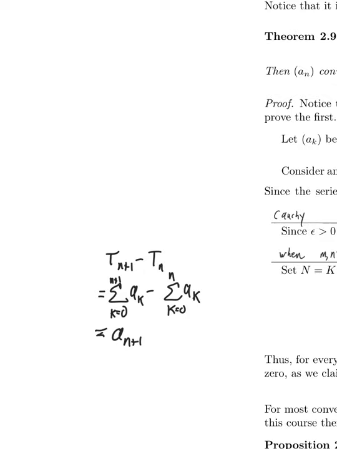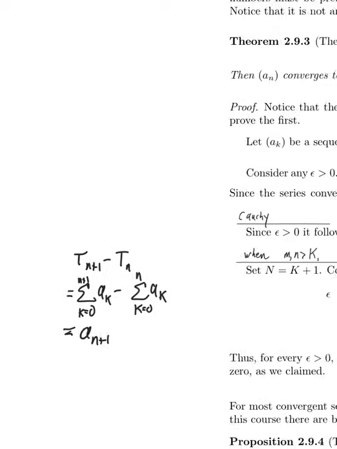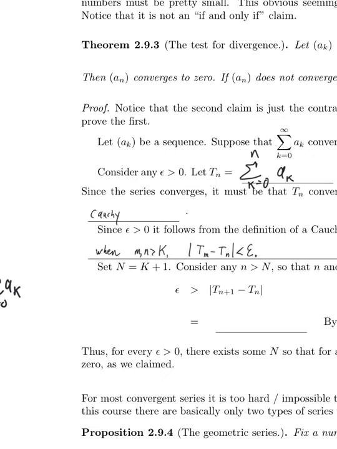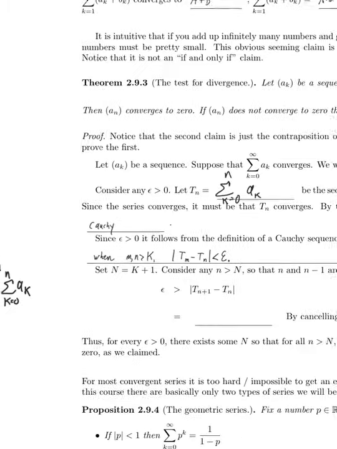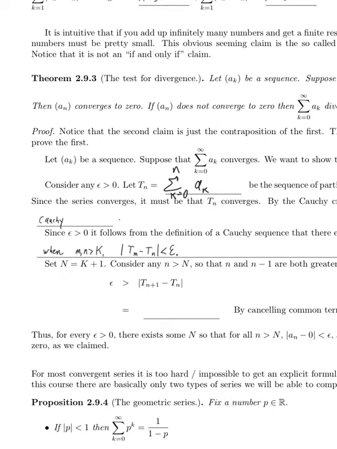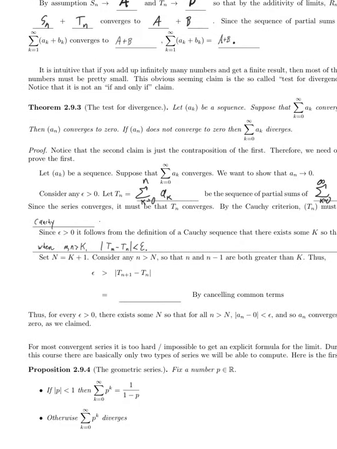Oh, neat. So that means that instead of studying something that looks like T_m and T_n, let's just study T_{n+1} and T_n. Let's do that. Let big N be k plus 1. Let's consider any little n bigger than big N. So that means that both n and n plus 1 are greater than k.